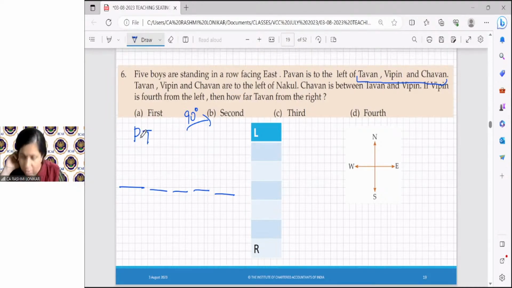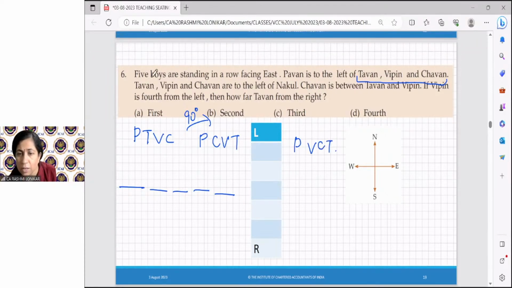So you may have P, T, V, C, or you may have P, C, V, T, or you may even have P, V, C, T. Now, Tavan, Vipin and Chauhan are to the left of Nakul. So that means Nakul has to be here.